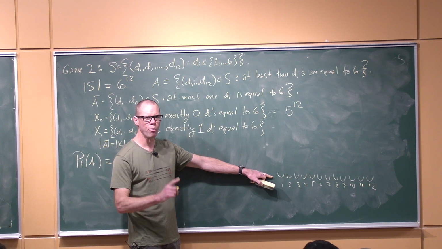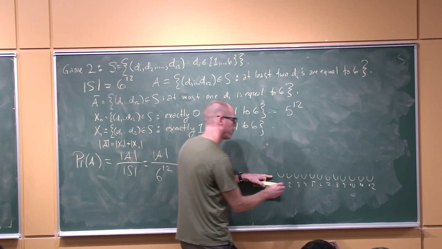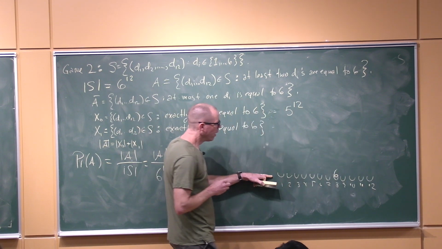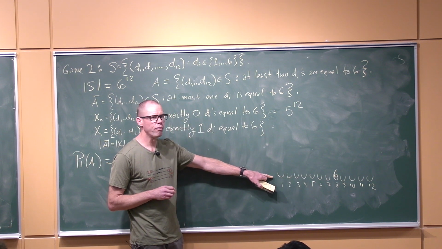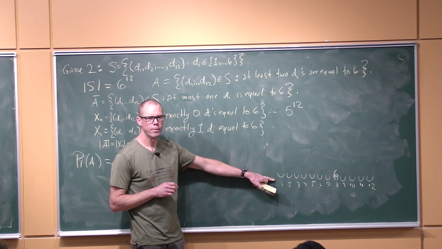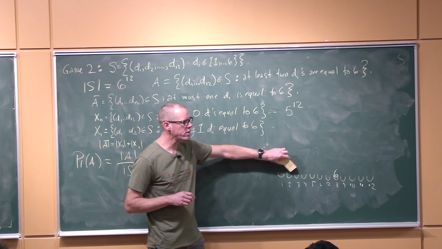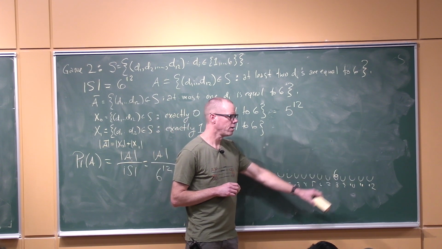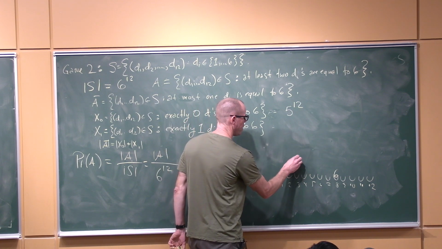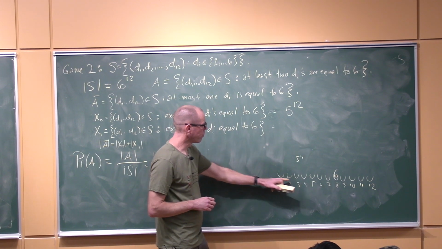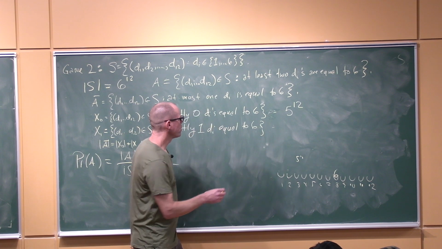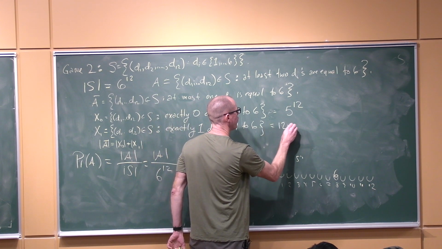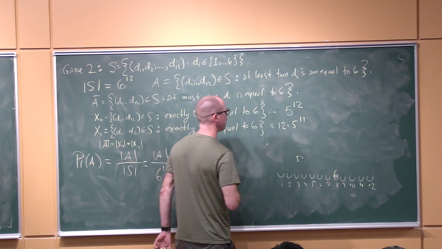First thing I'll do is decide where that 6 is going to go. How many options did I have? I had 12 options. And the next thing I'm going to do is fill in the rest of the bins, one at a time, each one not using a 6. So that's 5 to the 11 ways of doing that. So this is going to be 12 times 5 to the 11.